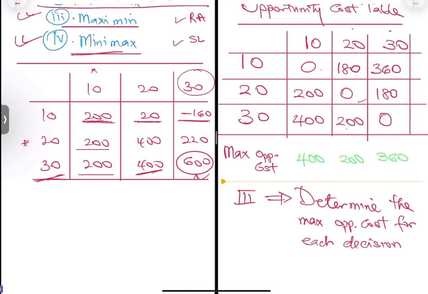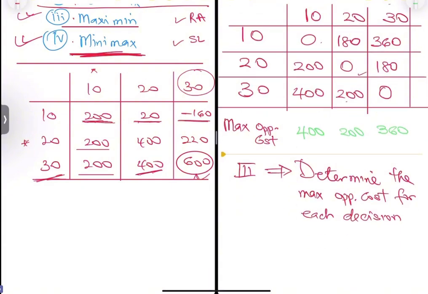But remember, this guy is a minimax. So now he has gotten the max behind it, which is the maximum opportunity cost, the maximum regret from each decision. But what does he want to do? He wants to minimize that. And that is step 4, which is to select the decision with the minimum opportunity cost.